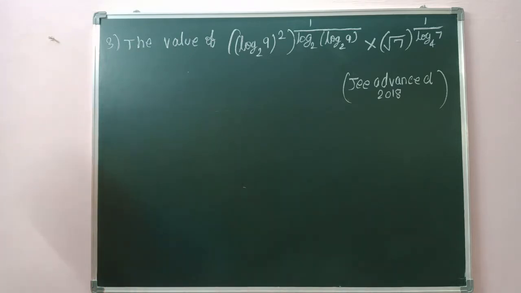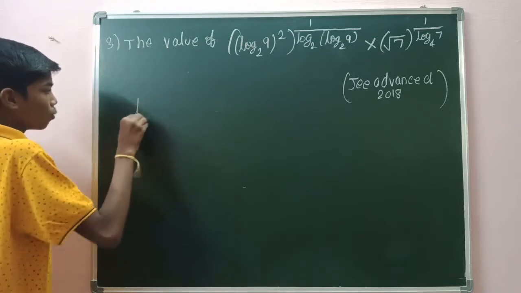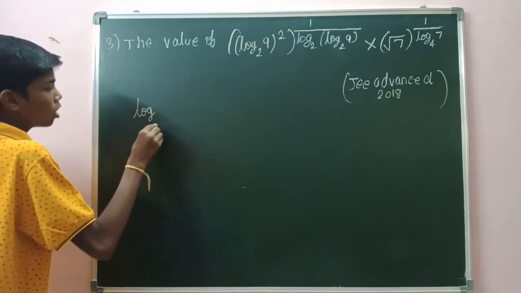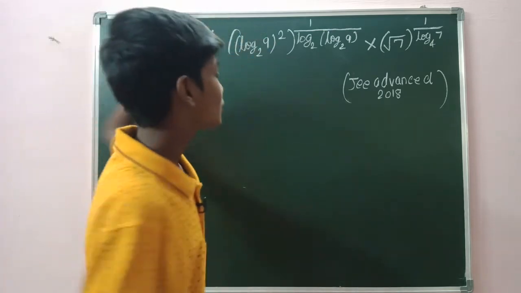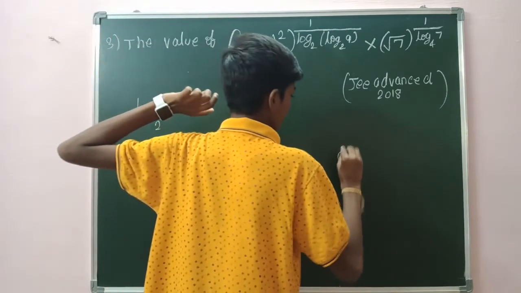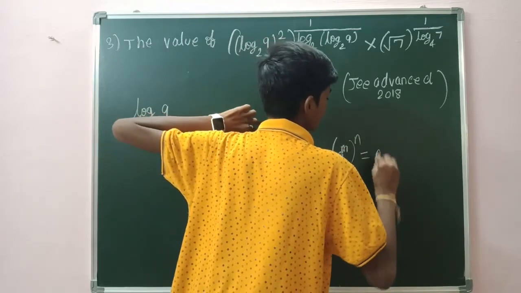So people, how are you going to solve these questions? It's a very easy one. Try to observe the expression given here. What I'm going to do here is, I am having log to the base 2 of 9. I am going to use your laws of exponents. That is a power m. I will explain from scratch, okay? So a power m whole power n is a power m into n.